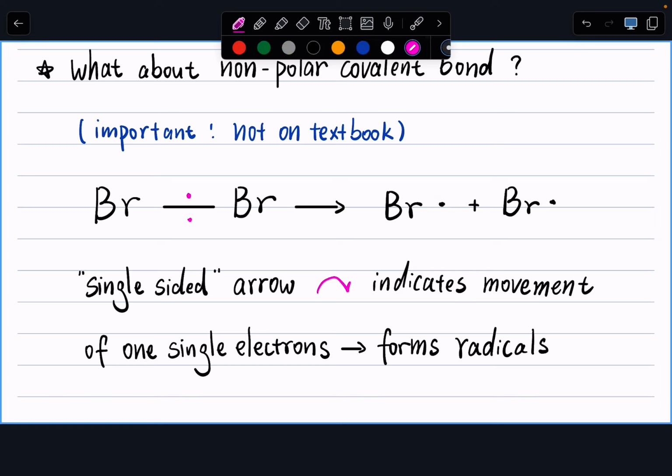So the arrow pushing will look like this. That's a single-sided arrow, and the products are radical species. It's single-sided because we're only moving one electron, not two.